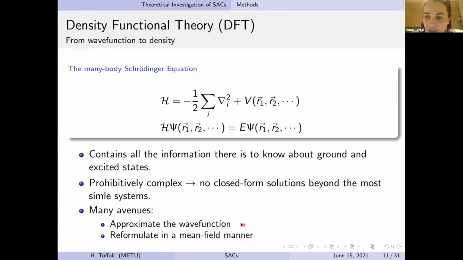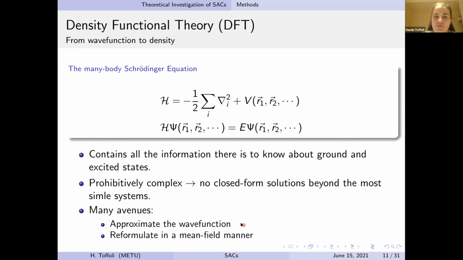Okay, so just to give two slides of information about the theoretical background of our calculations, we use the famous density functional theory, which is going to be at least somewhat familiar to most of the audience. Density functional theory is a quite simple yet ingenious way of handling quantum mechanics.